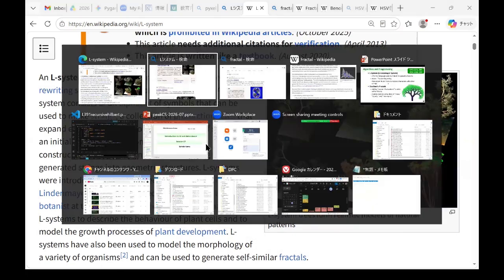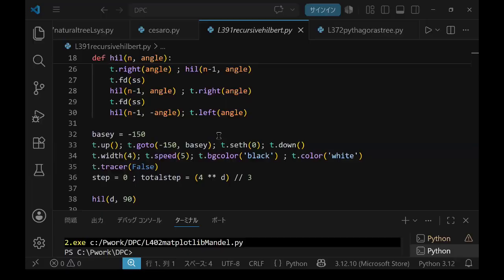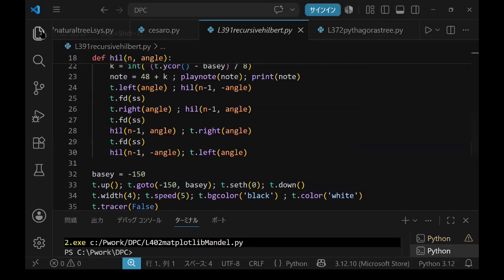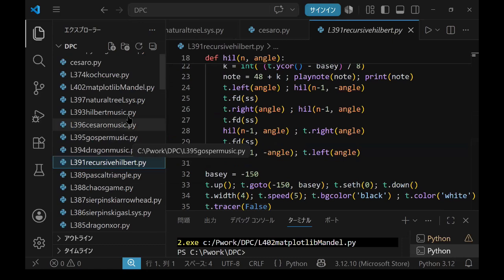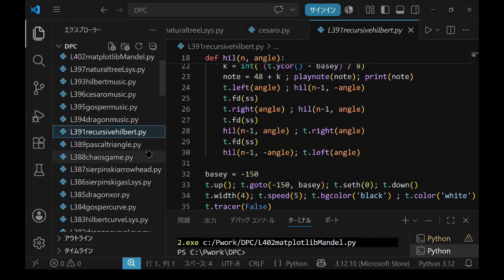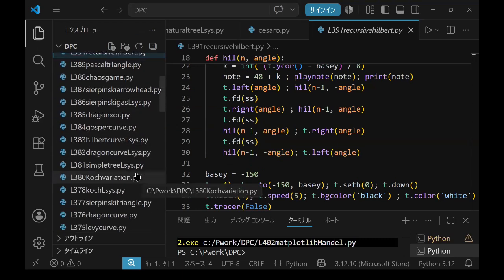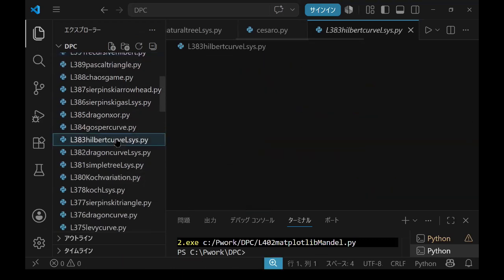So it's like this. Let's take a look at, say, the natural tree, the simple tree. Let's take a look at the Koch L system or the Hilbert curve L system.